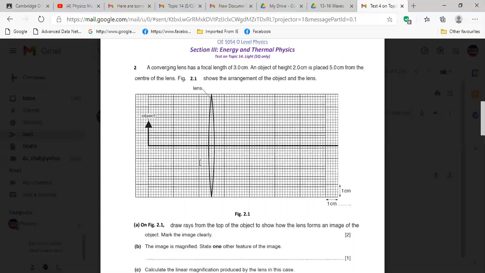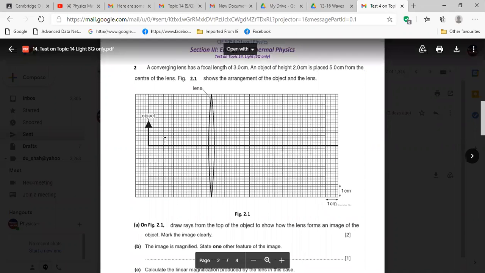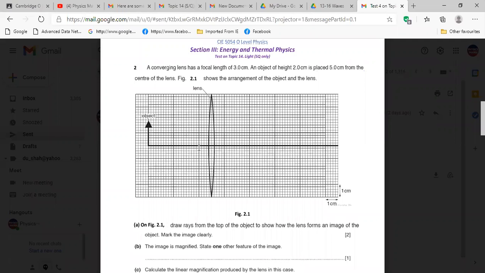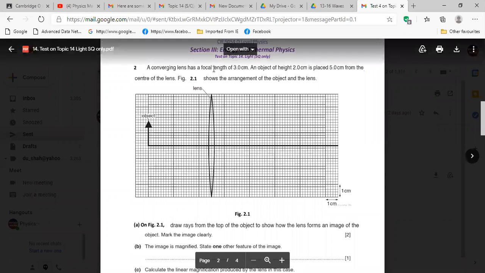Okay, so here we have some information. Look, they are saying focal length is 3 centimeter, and object of height 2 centimeter is placed 5 centimeter from the center of the lens. So the object position is 5 centimeter away from the lens, and your focal length is 3 centimeter.